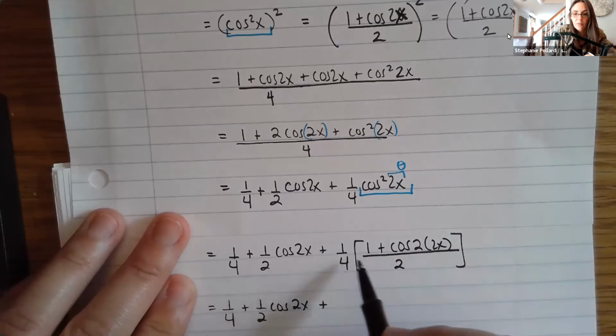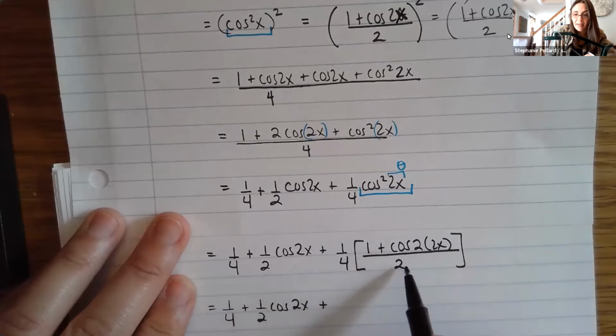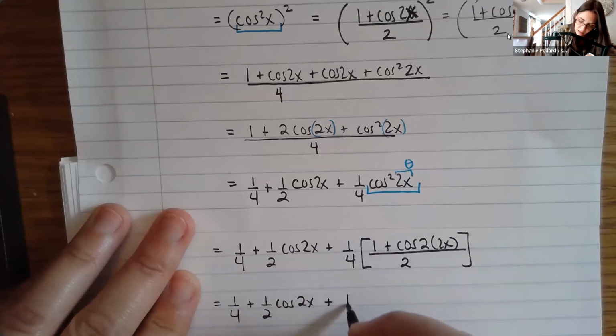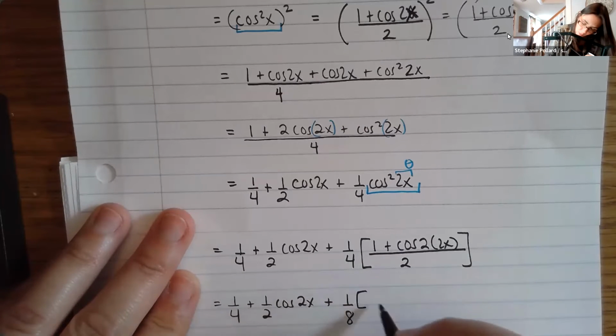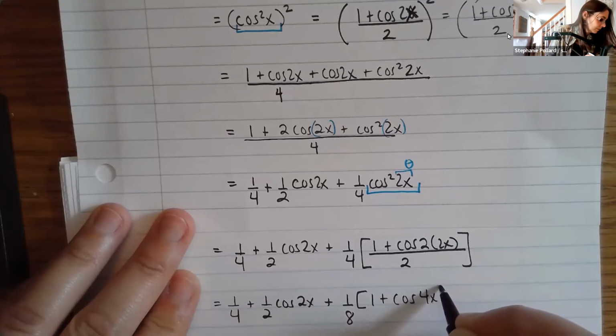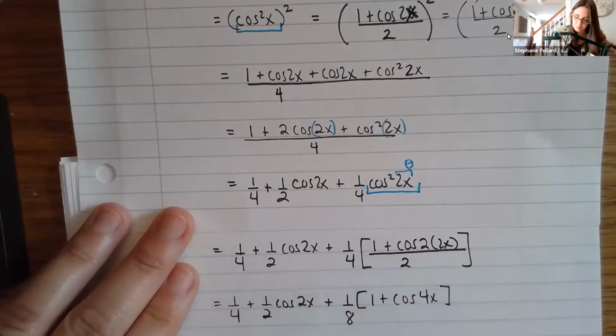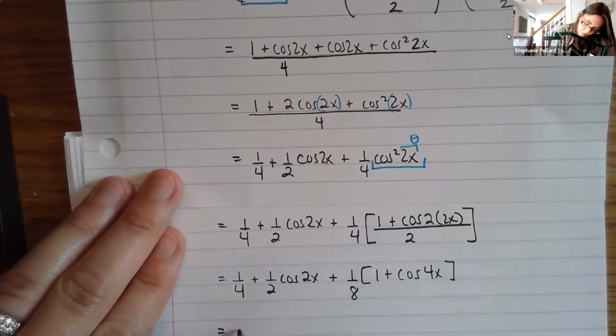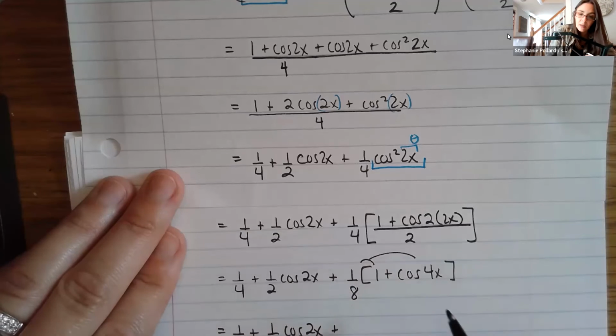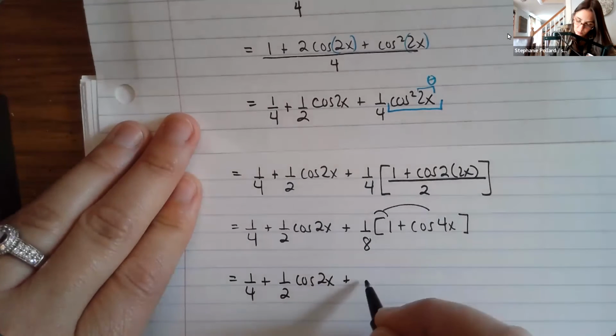Now here, 1/4 times this would be like a 1/2, that 2 in the denominator would just become 1/8. And then 1 plus cosine of 4x. I'm going to go ahead and distribute that 1/8. So it's going to be 1/8 times 1 is 1/8.